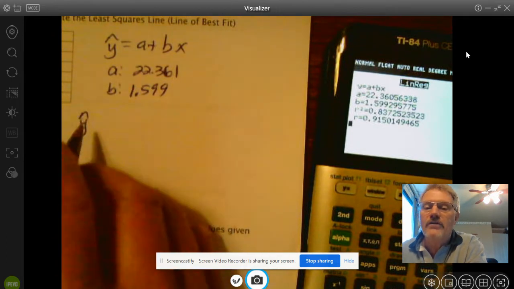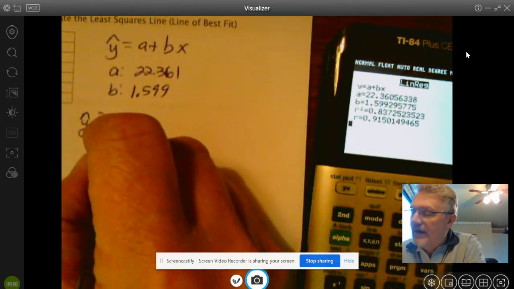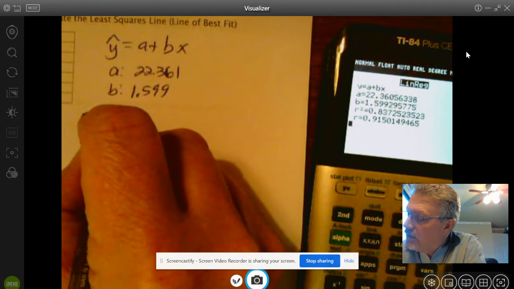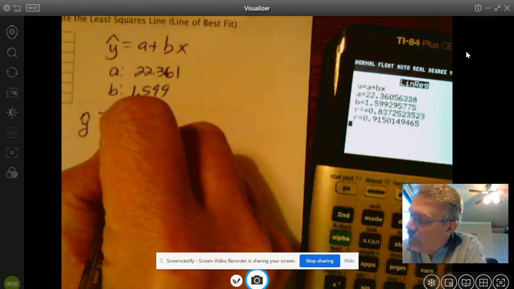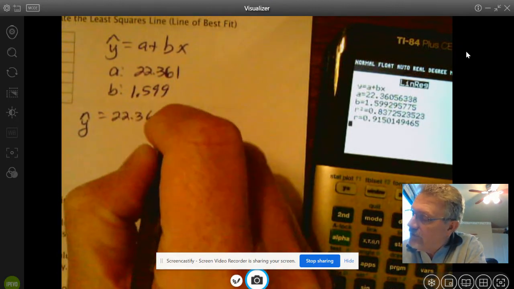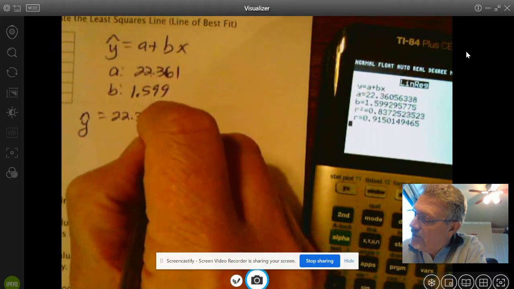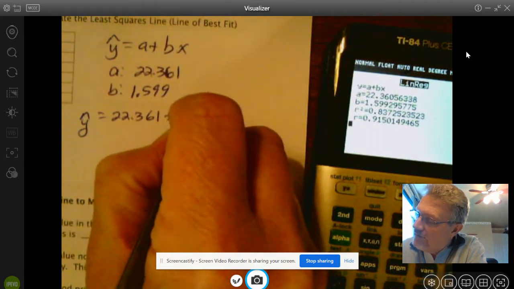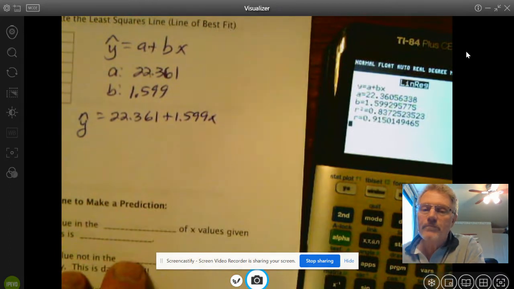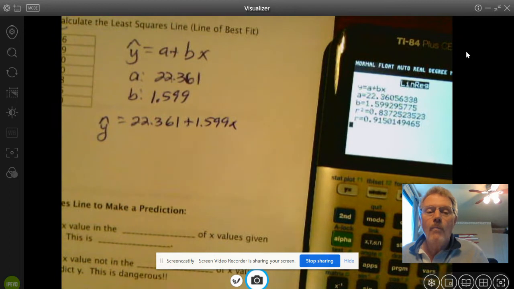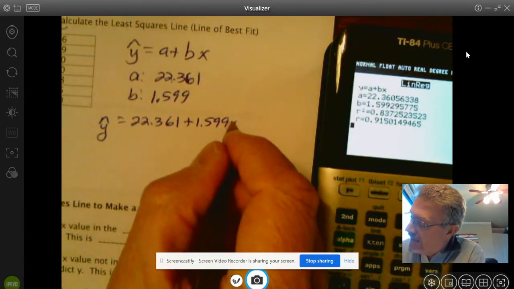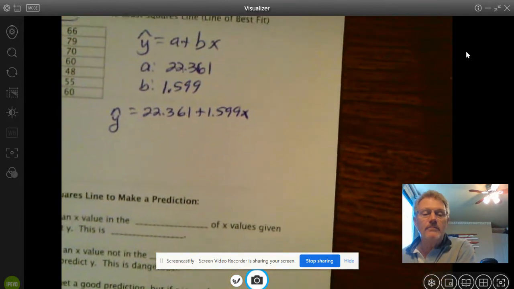So not a big deal. So 22.361 is my y-intercept, plus 1.599x, where 1.599 is the slope, times x.